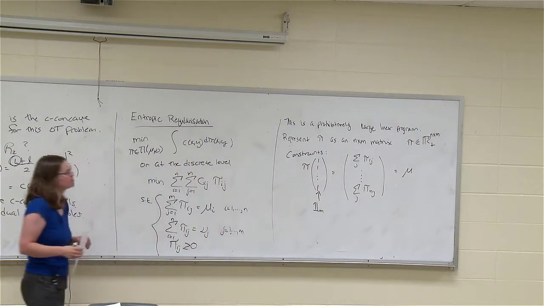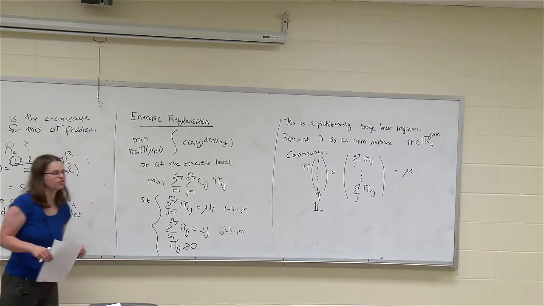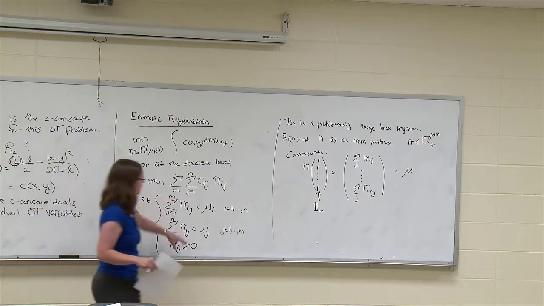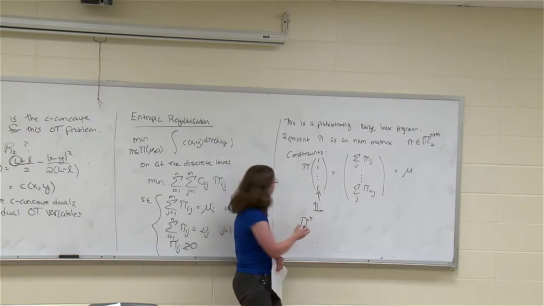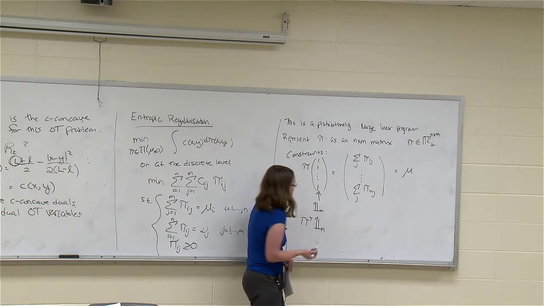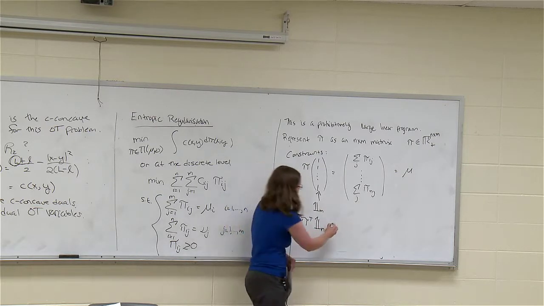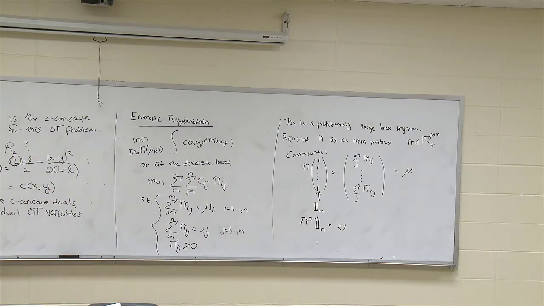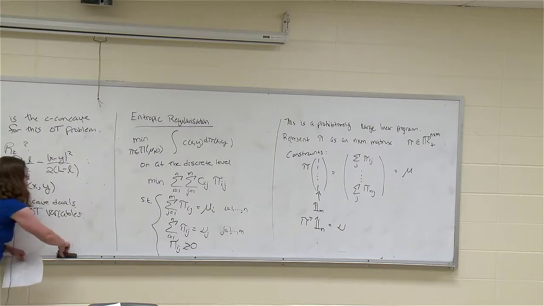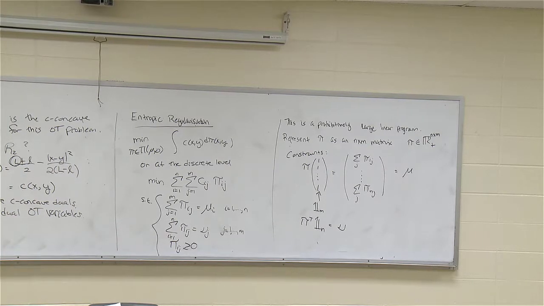So pi times this vector of ones is equal to mu, and then I want to do the same thing where I add up along the other dimension. An easy way to do that is just to take pi transpose. Now I add up all these rows again, and I get mu. So this is another way of writing my constraint set.